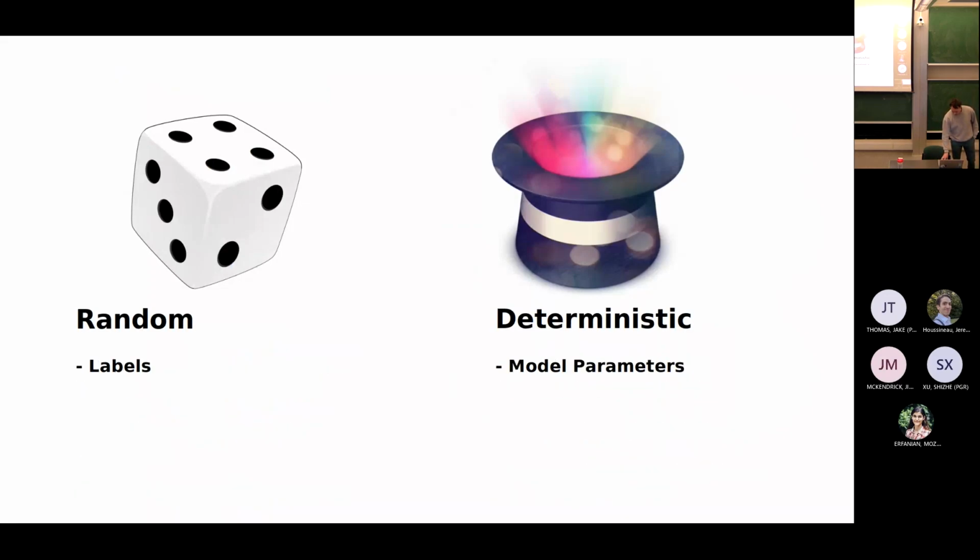To quickly link that back to active learning: in active learning, the labels themselves might be an example of random uncertainty, because you could potentially have incorrect labels, and that's random. Whereas the model parameters, so the true underlying classifier, for example, is deterministic, but you don't know it yet.